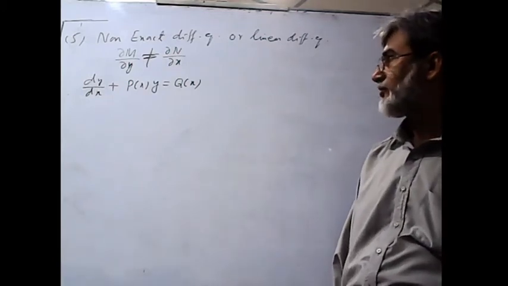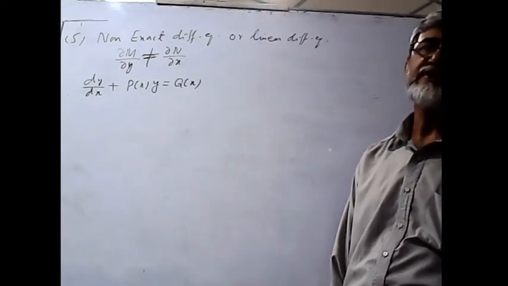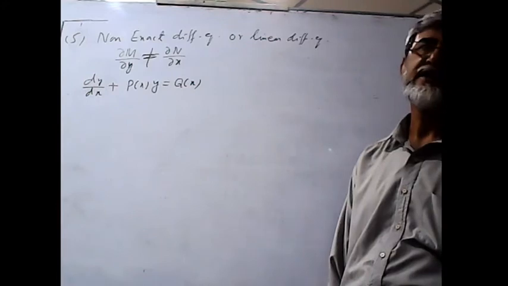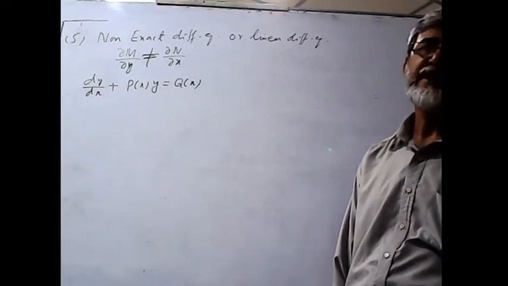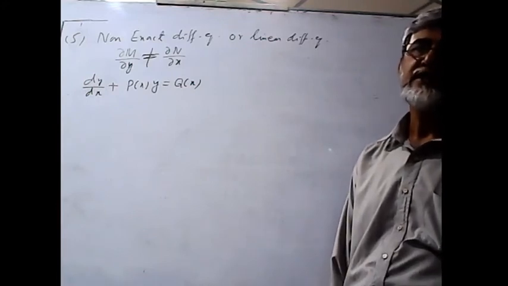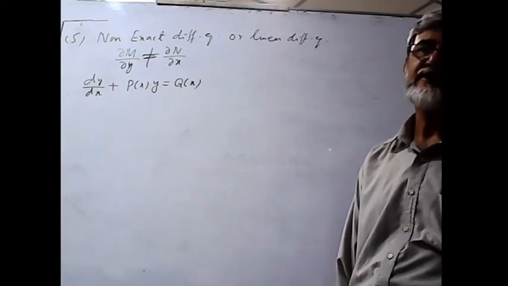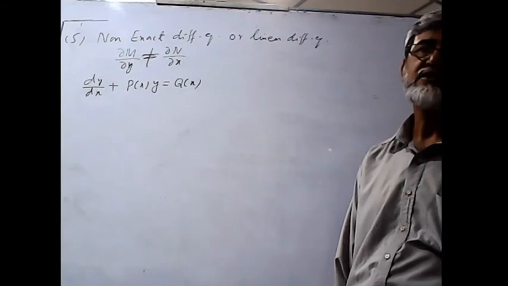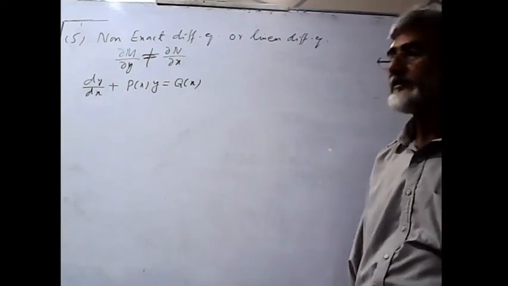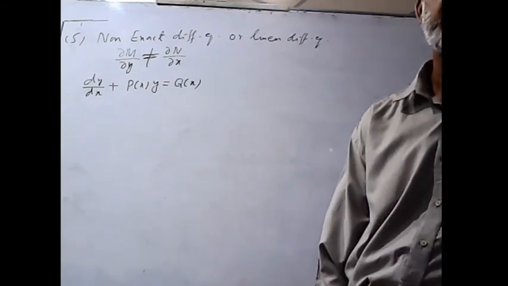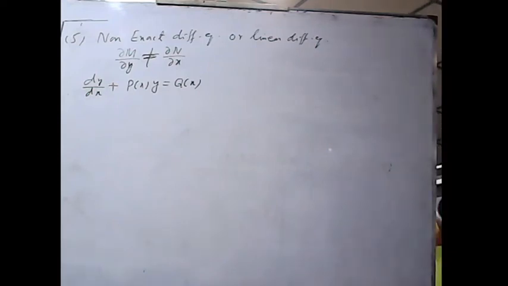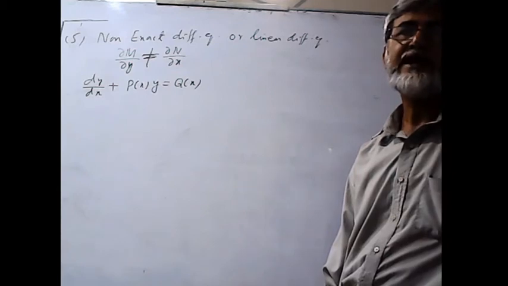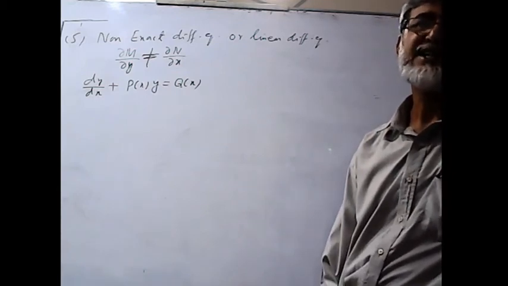Sometimes, if the equation cannot be maintained with the operator dy by dx, we try to write it as dx by dy. We change the dependent and independent variable, so dx by dy plus a function of y times x to the power 1 equals a function of y. That form is considered linear in x with respect to algebra.